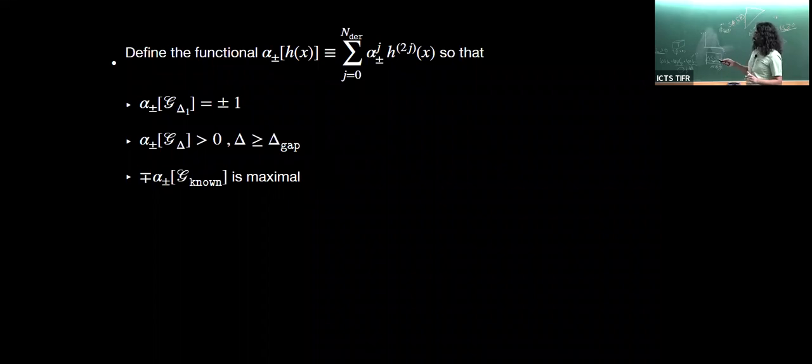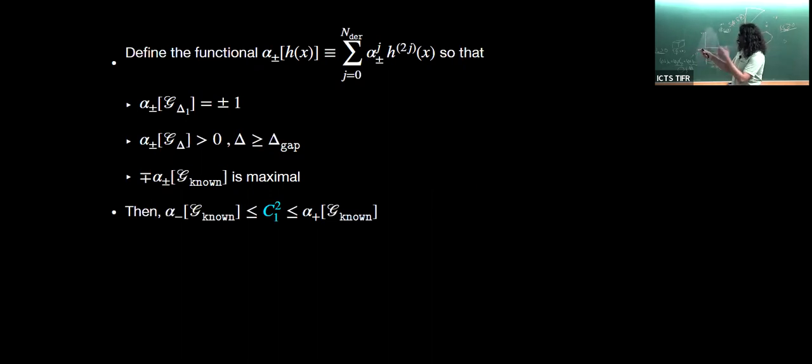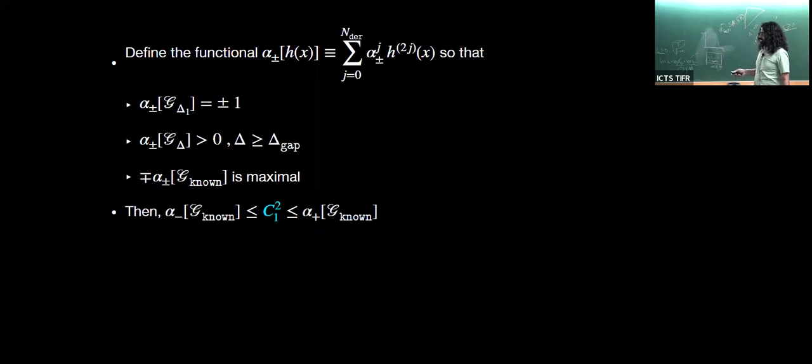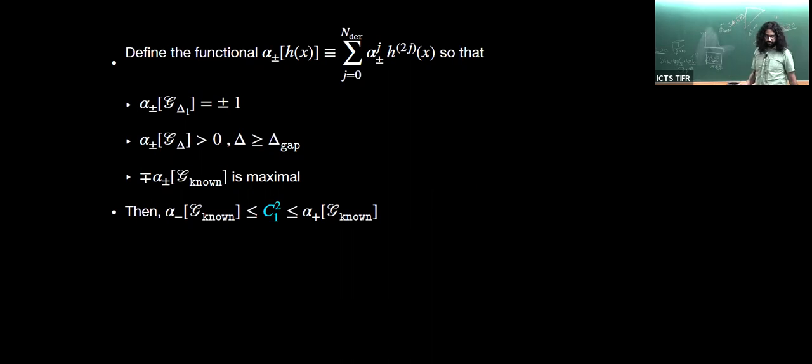Above the gap, from delta 2 onwards in the previous case, I want the functional acting on g delta, where delta is greater than the gap, to be greater than 0. Finally, I want to maximize the value of the functional on the known parts. These are the three properties. I look in the space of functionals for one with these properties, and if you plug it back into your crossing equation, it will put bounds on C squared 1 in the following way.